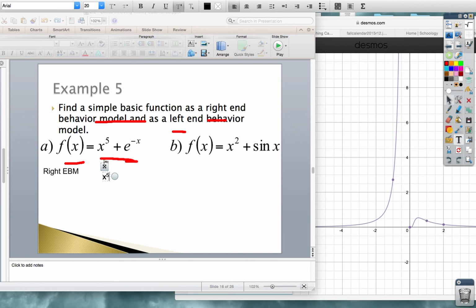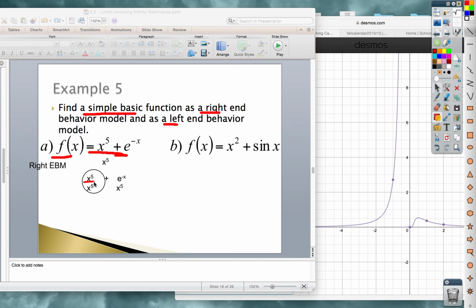So we're going to divide by x to the fifth on both sides, and what happens there is we can now write this as x to the fifth plus e to the negative x, all divided by x to the fifth, but this time we're going to split them up.